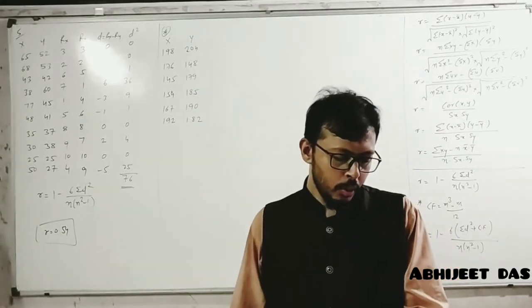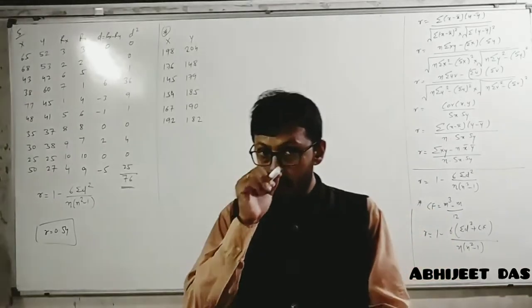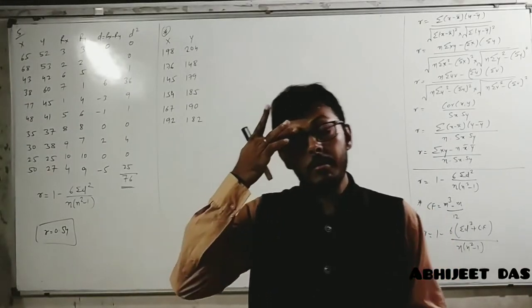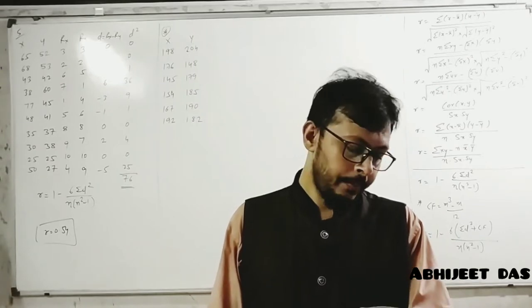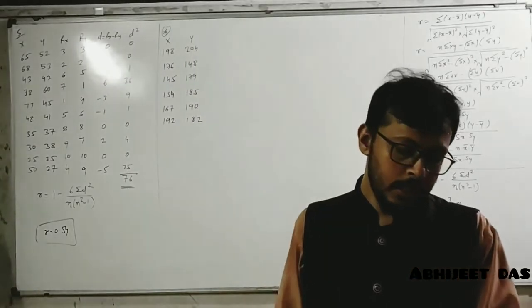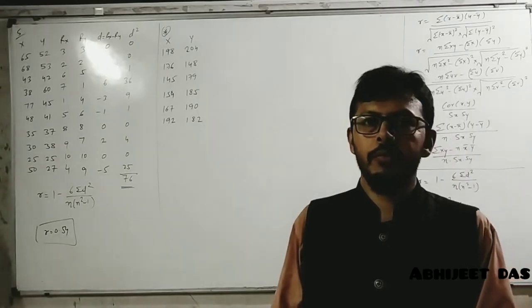The ranks are given as 5, 1, 2, 3.5, 3.5, which means 1 rank is repeated. Then 7, 6. Then RY is given as 7, 1, 4, 6, 5, 3, 2.